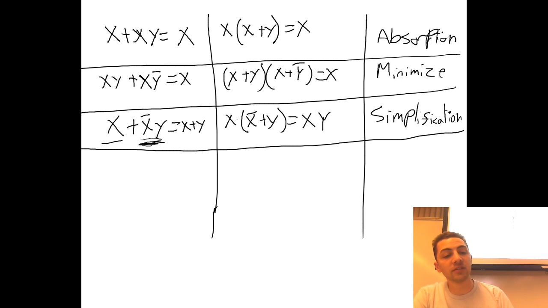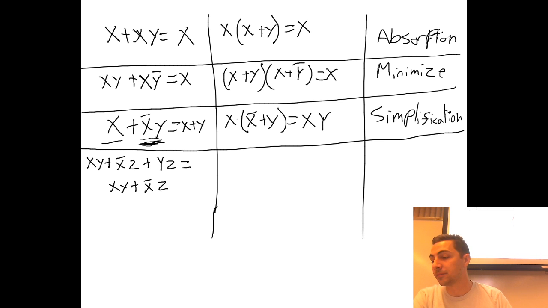Okay, next one is a little bit longer. xy or x bar z or yz is equal to xy or x bar z. I'm not going to go over proving that one.